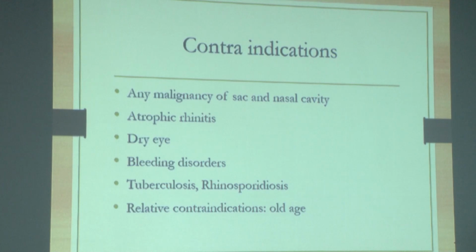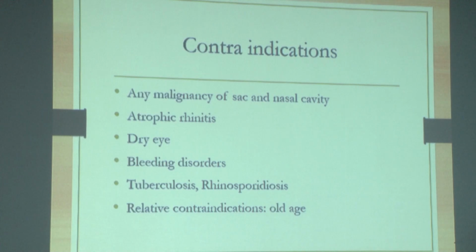Some cases are contraindicated for DCR. If you suspect malignancy of the sac or nasal cavity, it is an absolute contraindication. In atrophic rhinitis, there is atrophy of the nasal mucosa, and the patients might present with foul smell, but they will be having anosmia.